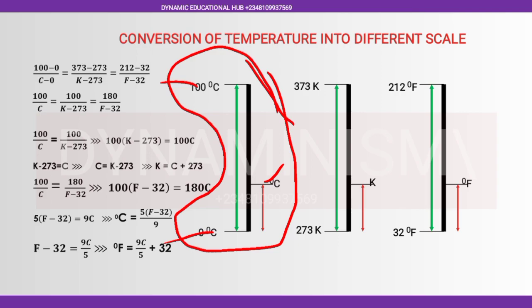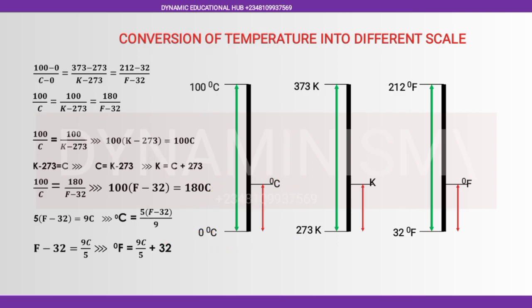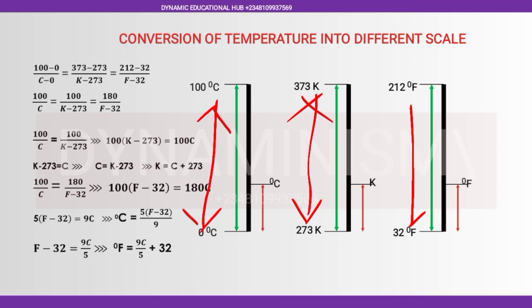Let's do the proportion, which means that for the fundamental interval, the difference between the upper and the lower fixed point, for Celsius is 100 minus 0, you have 100. For Kelvin, 373 minus 273, you have 100. For Fahrenheit, 212 minus 32, you have 180 degrees.